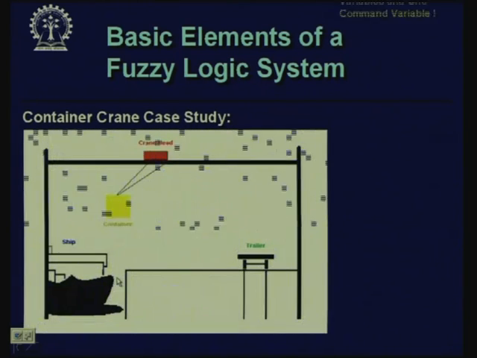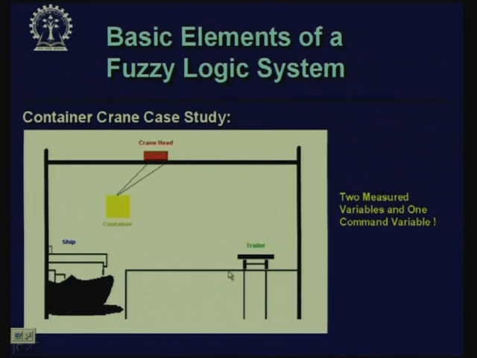Now, here is an interesting example. Say there is a crane moving along this axis and there is a container hanging from here, and the control must leave this container at a proper point of time, so that it falls on the ship. Or it takes it from the ship and falls on the trailer. Okay.